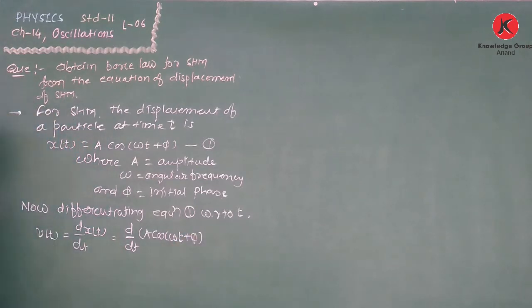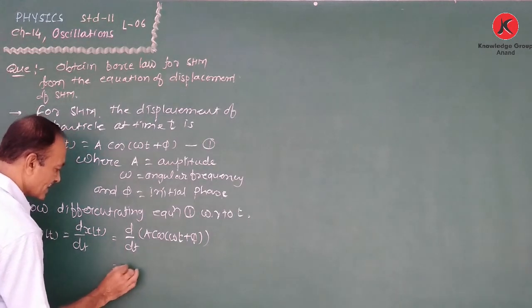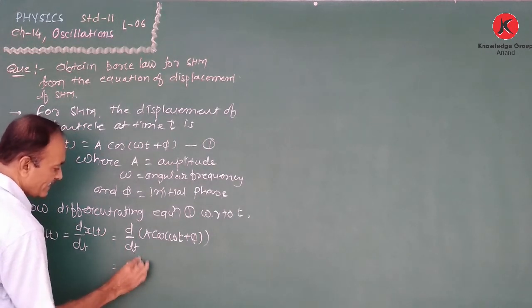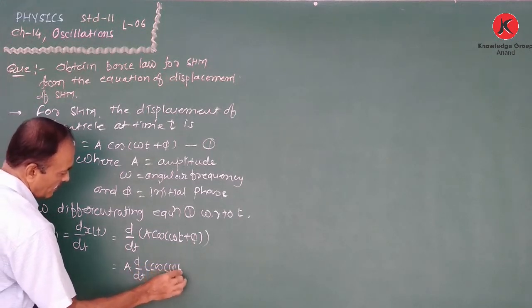We already discussed this derivative. A is constant, and we take the derivative of cos(omega t plus phi).